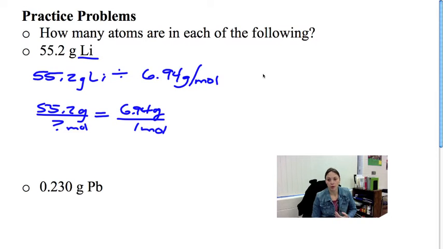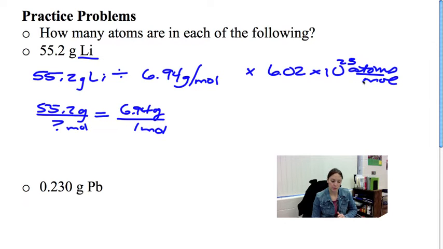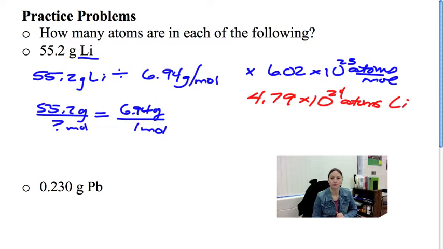So then when I figure out how many moles I have, I say, okay, I want to know how many atoms are in that number of moles. So then what I'm going to do is take it times 6.02 times 10 to the 23rd atoms per mole. And then when we divide and then multiply, we should come out with 4.79 times 10 to the 24th atoms of lithium.